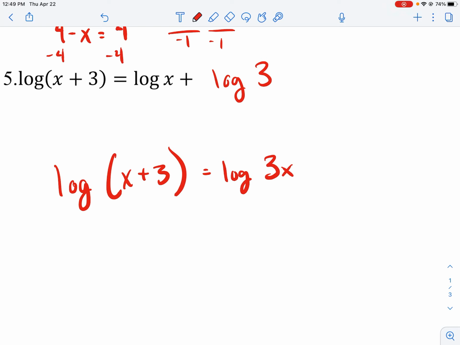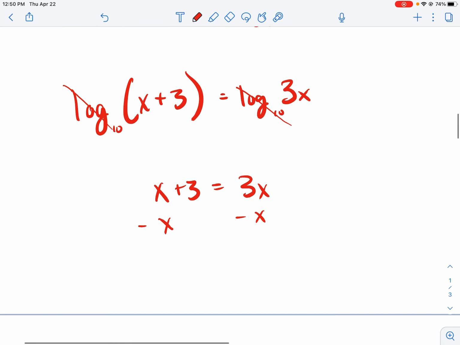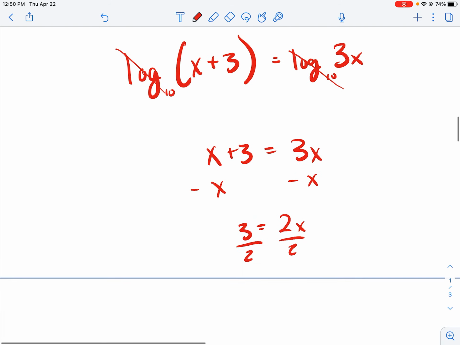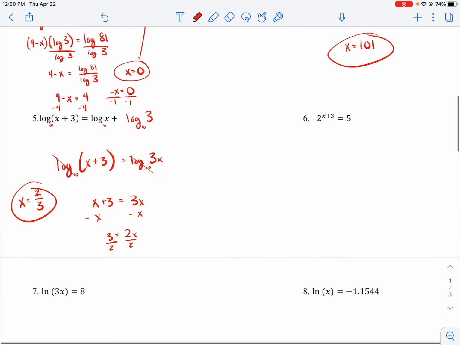And then because we have the same base, base 10, because it wasn't written there, we drop the logs. And that's x plus 3 is equal to 3x. Minus x, minus x. I get 3 is equal to 2x, divided by 2, divided by 2. X is equal to 2/3.